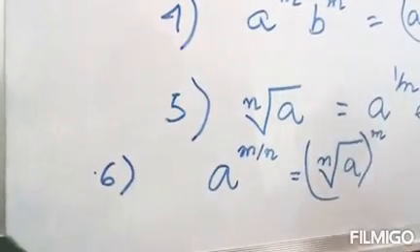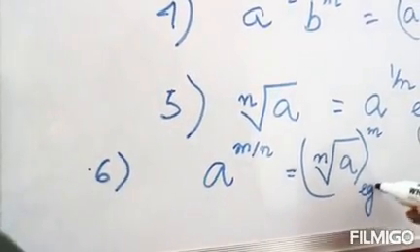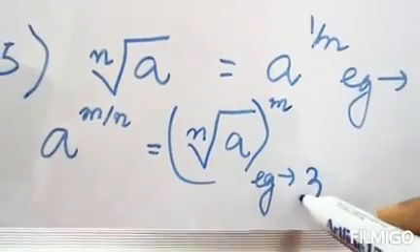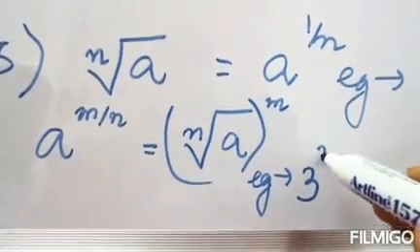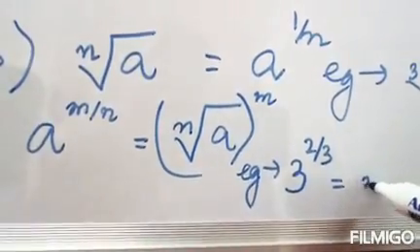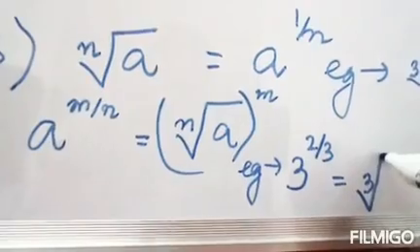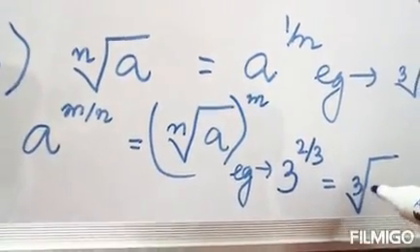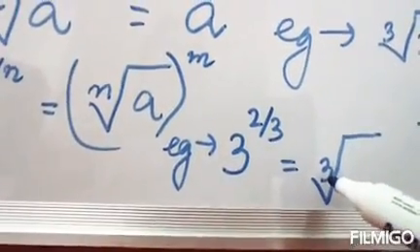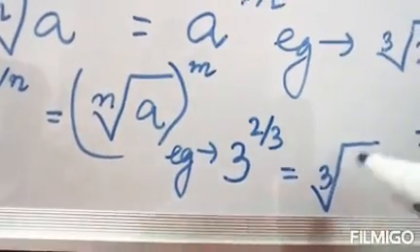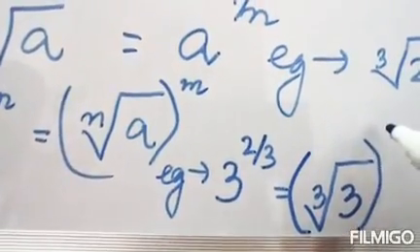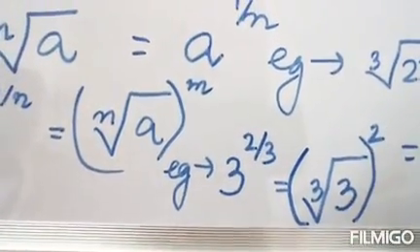For example, suppose I am given 3 to the power 2 by 3. This can be expressed as cube root of 3, and you must understand this doesn't mean 3 into root 3, this means cube root of 3, to the power 2. Understood?